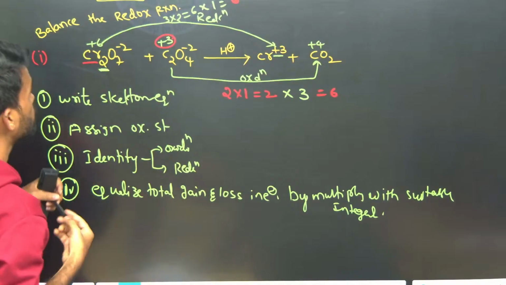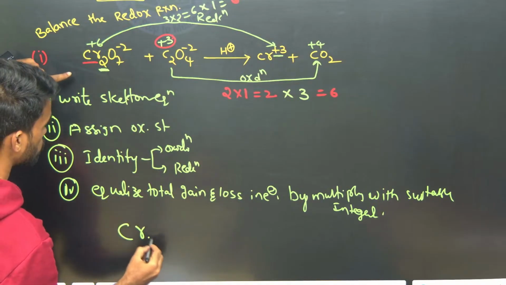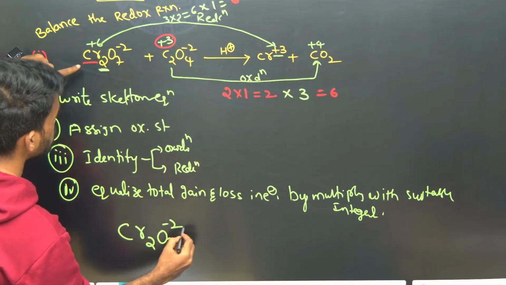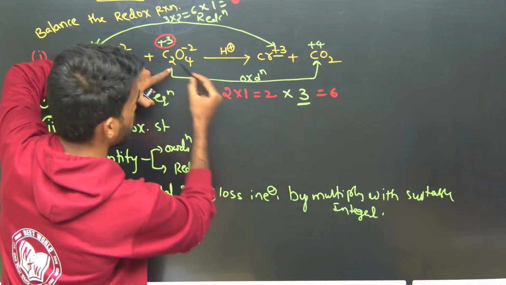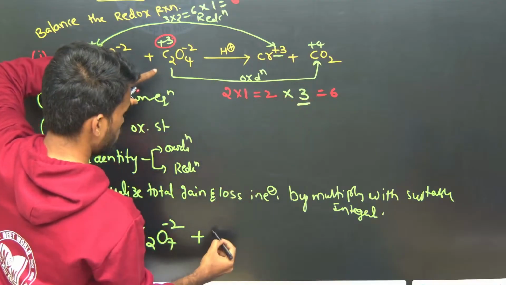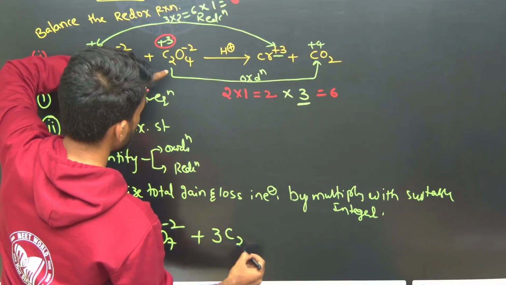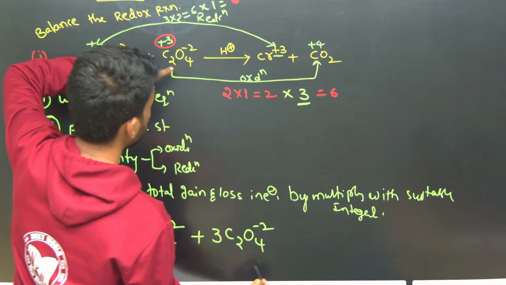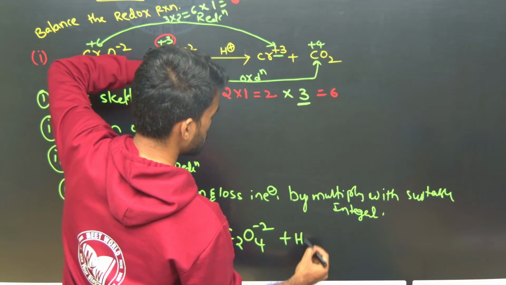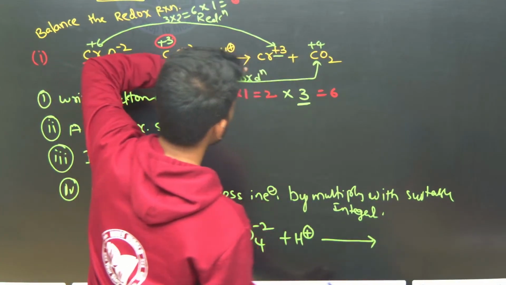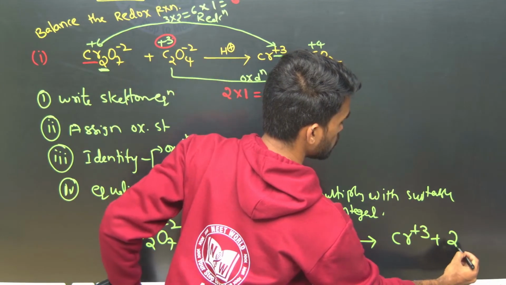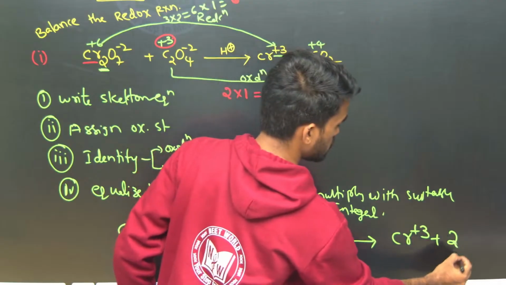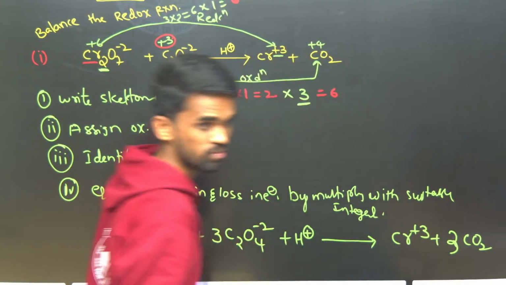So I write Cr2O7 2- plus 3 C2O4 2- plus H plus giving rise to Cr 3+ plus 3 CO2. Like this we have to write.